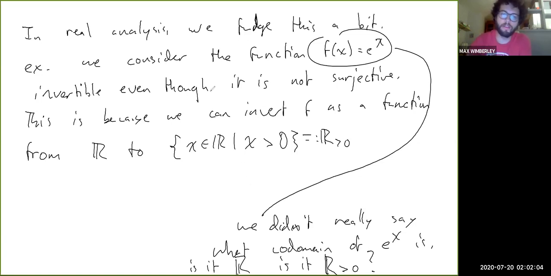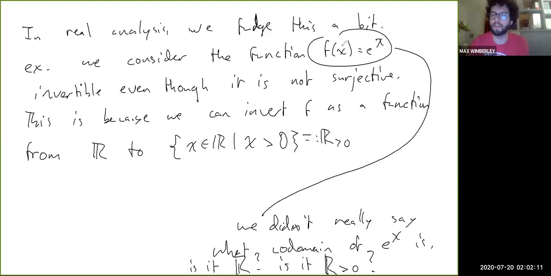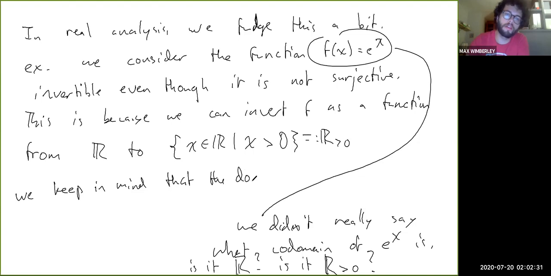And by our previous formal definition over here, the codomain would technically affect whether the function is invertible, right? And this has bearing just in the sense that we have to keep in mind that the domain of log of x is R greater than 0, right?